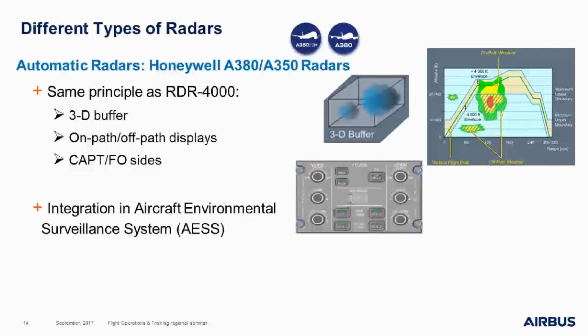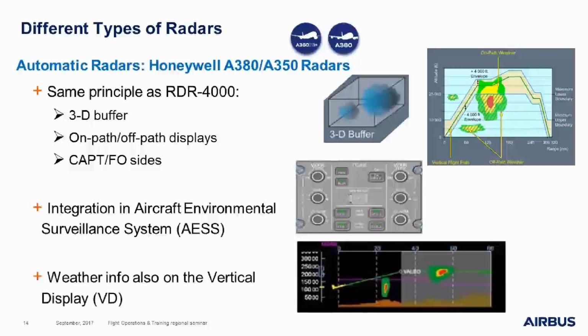On A380 and 350 aircraft, the radar is embedded into the Aircraft Environmental Surveillance System, AESS. The very big difference for this aircraft does not come from the radar itself, but from the fact that the vertical display is available in the cockpit.